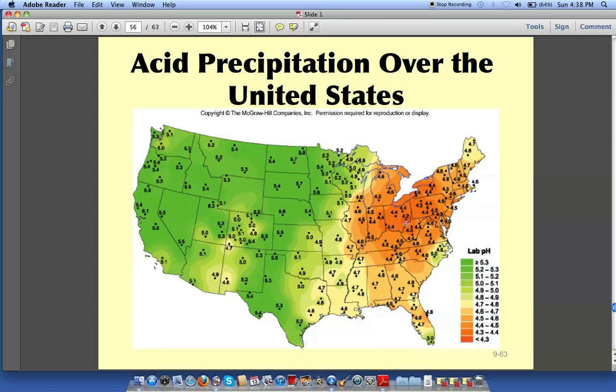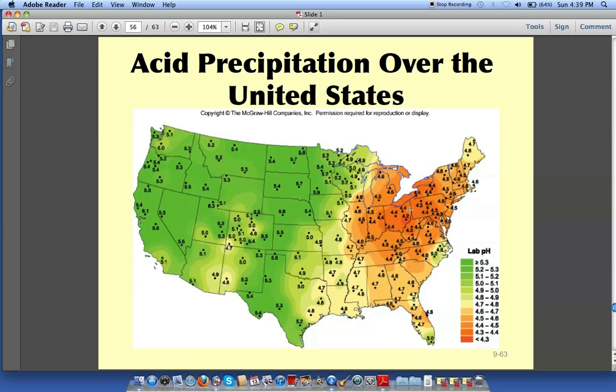The runoff is causing the lakes and streams and ponds and water bodies to be too acidic, and so it goes down to the microorganisms can't live there, and the food chain dies and nothing can live there. So it is a problem. We do have some serious issues with acid rain.